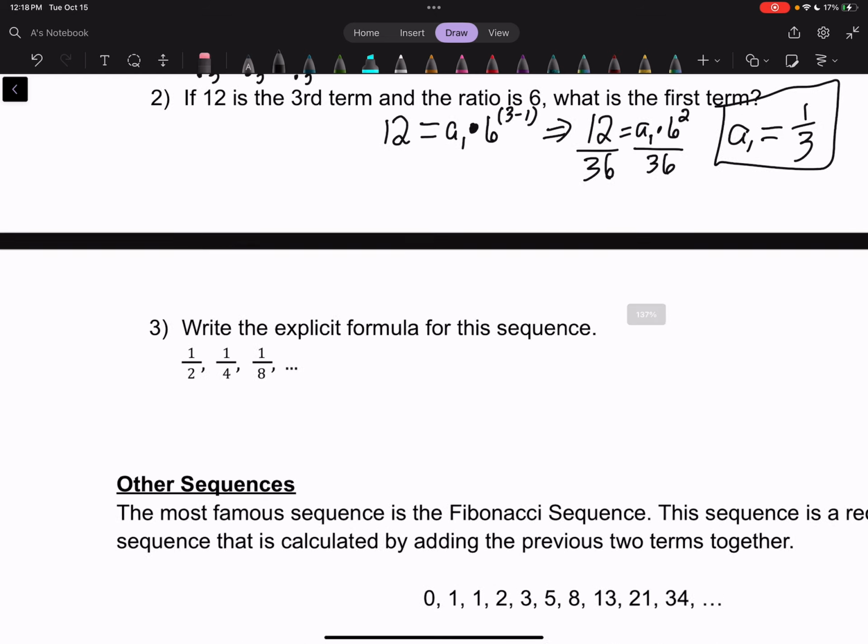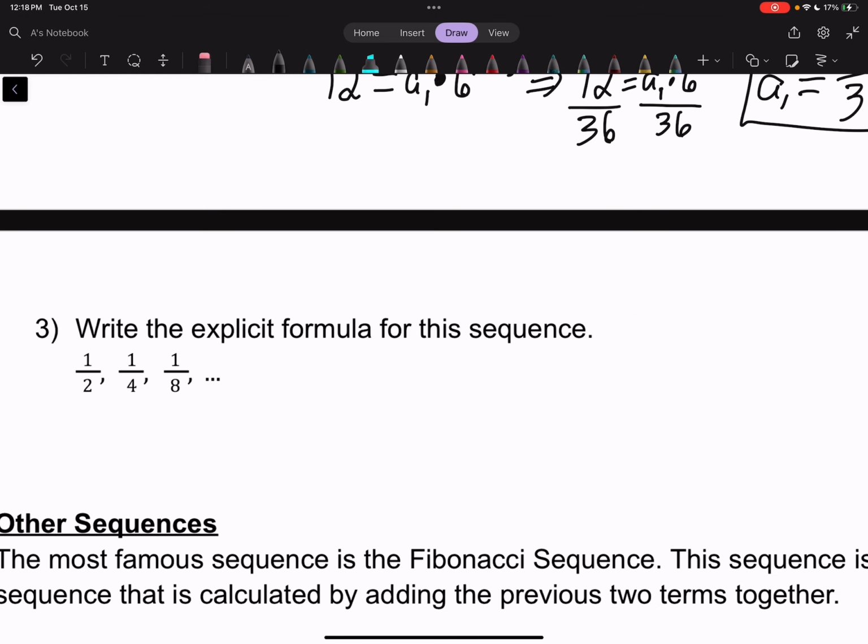Write the explicit formula for this sequence. In my denominators, I am multiplying by 2, which means it is really multiplying by 1/2. Okay, I'm dividing by 2 to get to the next term. My common ratio is 1/2.